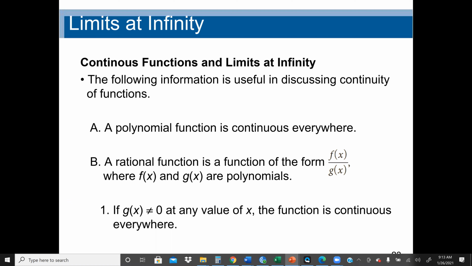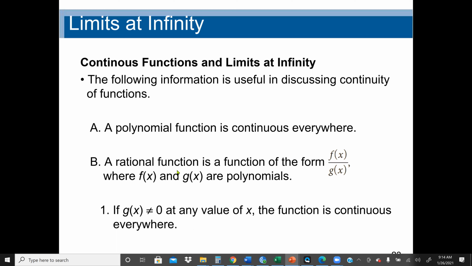We know that the function will be continuous everywhere, so the limit will exist at any value. Because when a denominator is 0, we have a discontinuity, and if a square root value is negative, we have a discontinuity there. So with a polynomial function, as the limit approaches any value or infinity, the limit always exists.